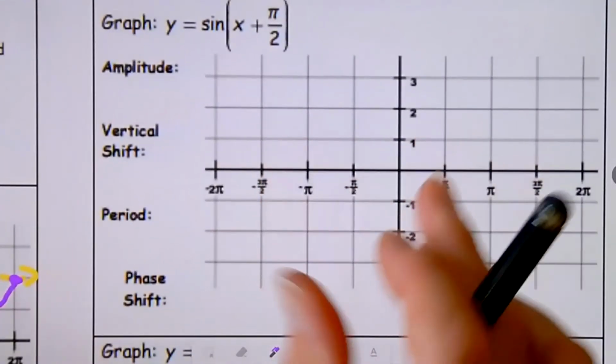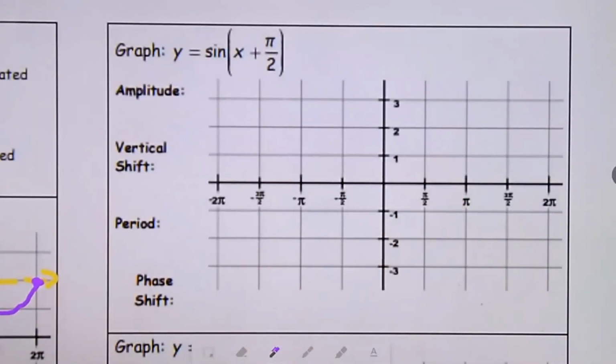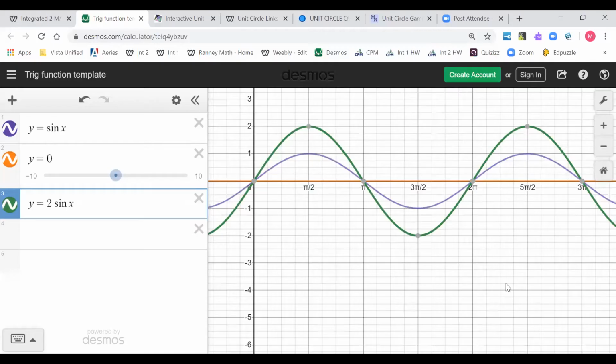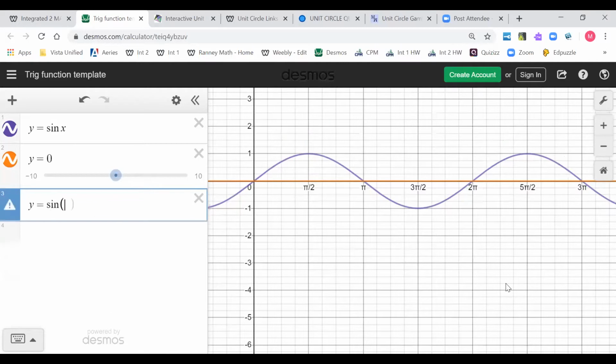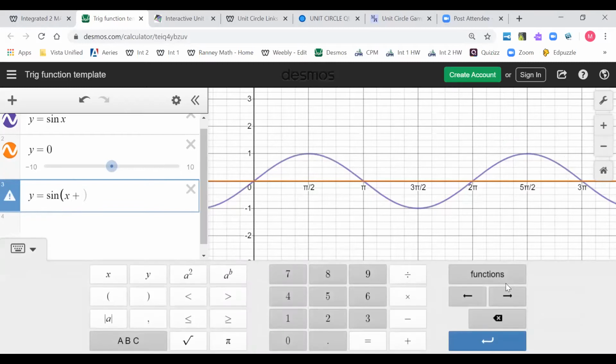Okay, we have x plus pi halves in it. So let's see what that's going to do to our graph. So let me get rid of this one. So we have y equals sine x as comparison. So now I'm going to do y equals sine parenthesis x plus, and then to get my pi, I can come down here and let me get my cursor, sorry.